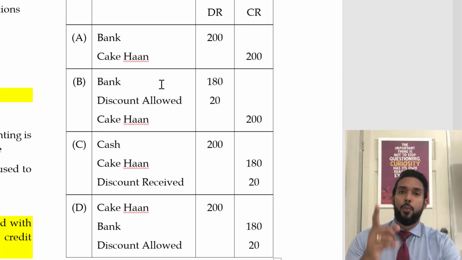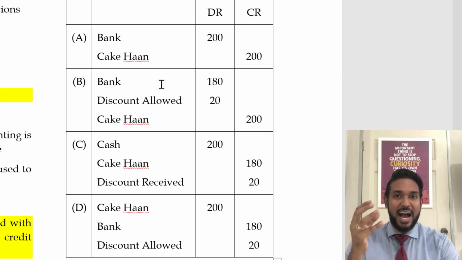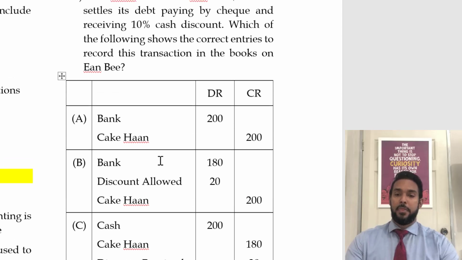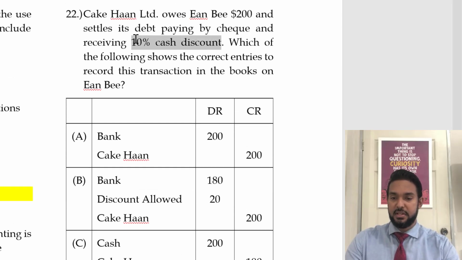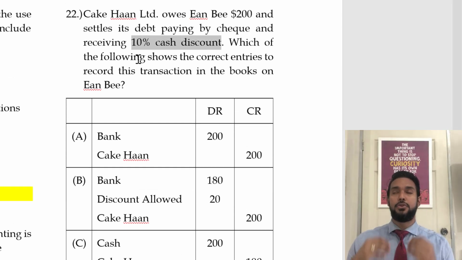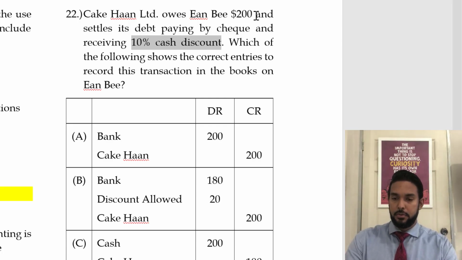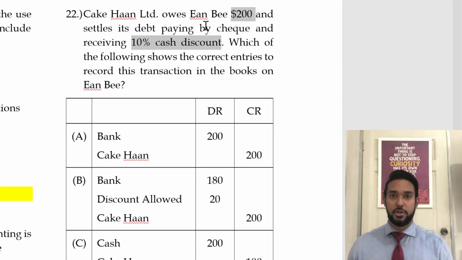Because what's happening? What does a discount do to the amount that we actually receive from the debtor? It decreases it. So if we go back up here, there was a 10% cash discount, and that's a discount offered to our customers to encourage them to pay quicker or earlier rather than later. What was the amount owed? 200. What's 10% of 200? That's 20. So 200 minus 20 is 180.